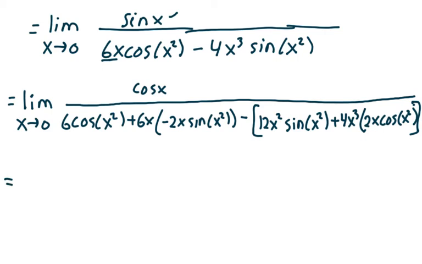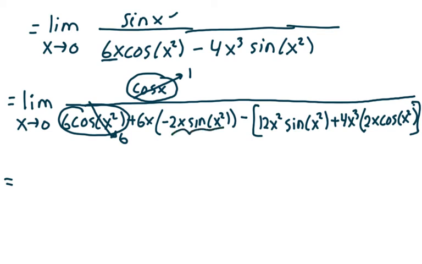Now, I want you to notice something. As x goes to 0, can we agree that cosine of 0 is 1, so that's going to go to 1? This term is going to go to 6. This term is going to go to 0, right?